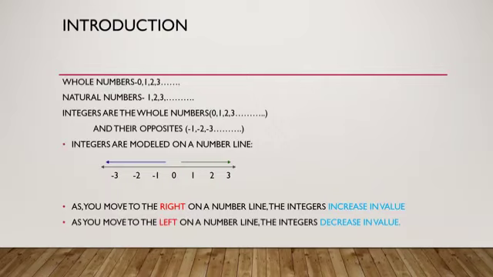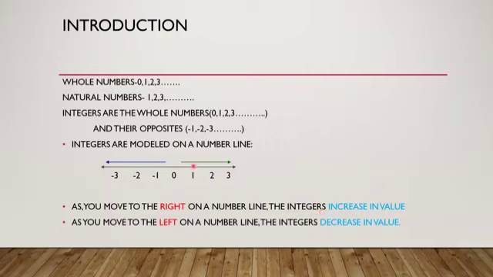So if you see the number line, you have numbers from -3, -2, -1, 0, 1 to 3. Now if you see, all the negative numbers from -1 to -3 are called negative integers because these are negative numbers, whereas all the positive numbers are your positive integers. Now as you move to the right on a number line, the value of the integers increases.